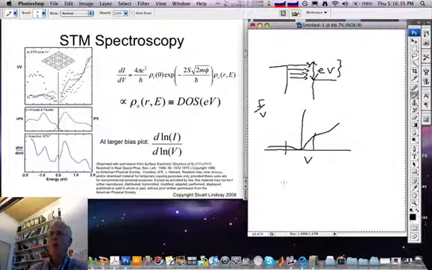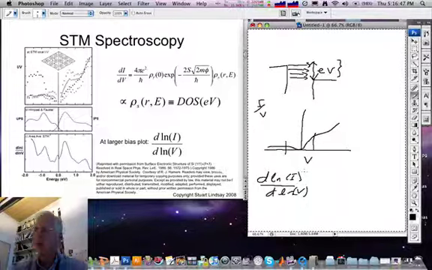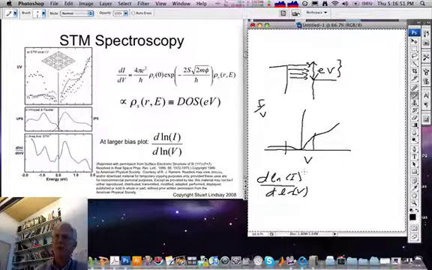And if in fact one takes, rather than I over V, this quantity, d log I over d log V, one can see more clearly features that look somehow like the sum of the ultraviolet photoelectron spectroscopy and the inverse photoemission spectrum.